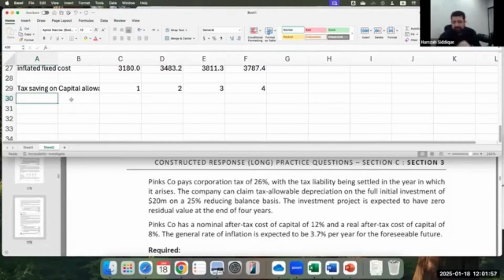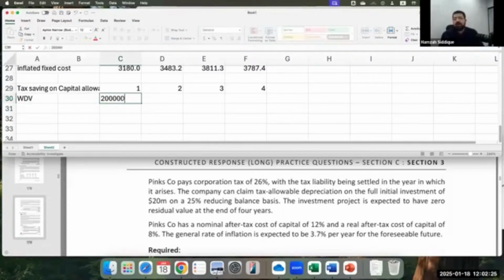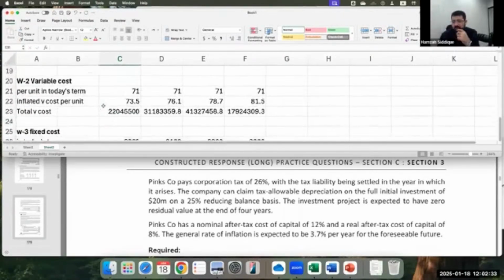Capital allowance is basically the amount of depreciation allowed by tax authorities, which can be charged against taxable profit to reduce it. Hence, when taxable profit is reduced, tax is reduced, so tax is saved. First we need to calculate the capital allowance, then the tax saving. Now, WDV, written down value, 20 million. Since we are doing 3-digit round off, all amounts are 3-digit round off.